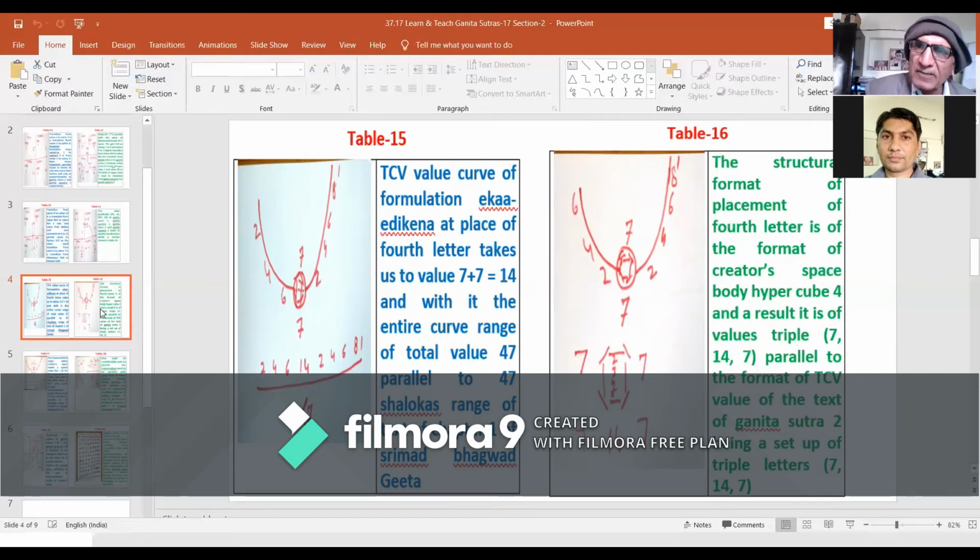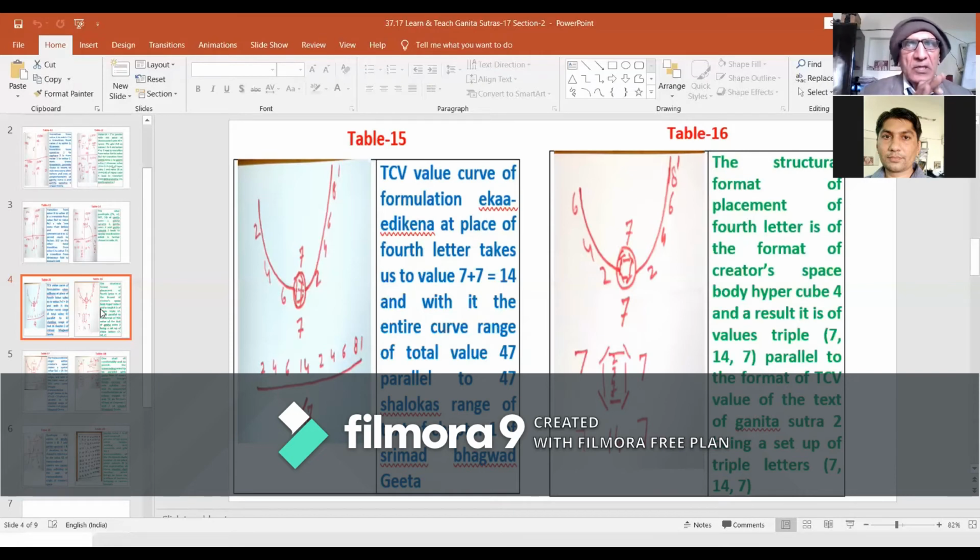This transition at the placement of the fourth letter and consequential enhancement of the value of the Ekadikane from 40 to 47 is the attainment which will bring us face to face with the format of the text of Ganitas of Srimad Bhagavad Gita, of its first chapter as of range of 47 shlokas.